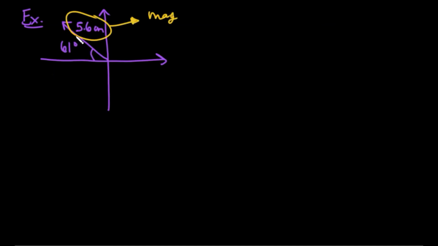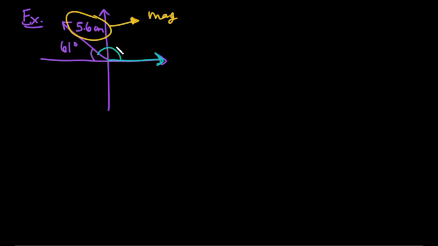However, this right here, this 61 degrees, is not going to be my direction. Remember, we have to start from the positive x-axis and then we go counterclockwise. So I actually want this angle in here.